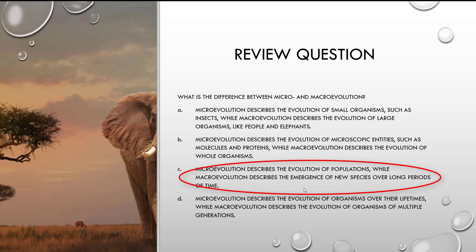Macro, that's looking at how the accumulation of all of those changes within a population could cause it to change so much that two populations of the same species may become so different that if they were to interbreed, or if they come together again, they no longer can interbreed, so they've become new species through macroevolution. So C is the correct answer.